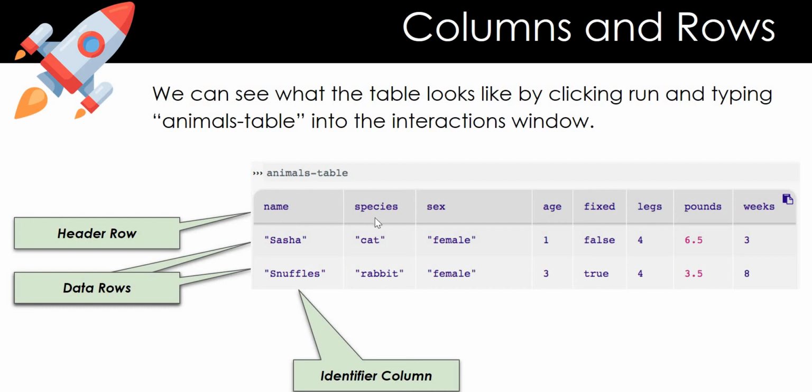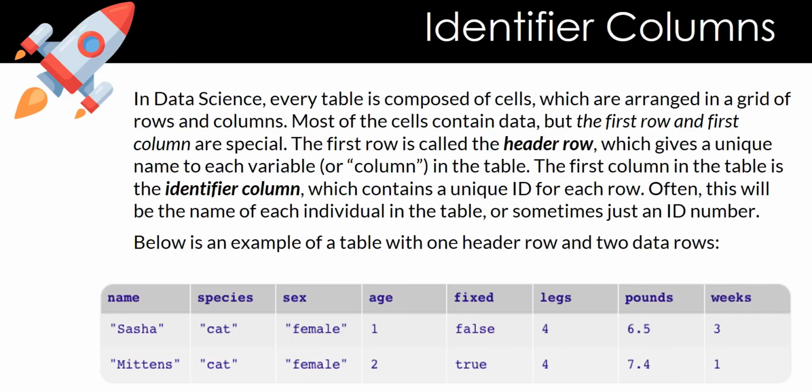You can get them all from the header row. So the name, the species, the sex, the age, if it's fixed or not, legs, pounds, and weeks are all variables for animals in the shelter, okay? It's important that we understand the header row tells us exactly the data about each animal in the shelter.